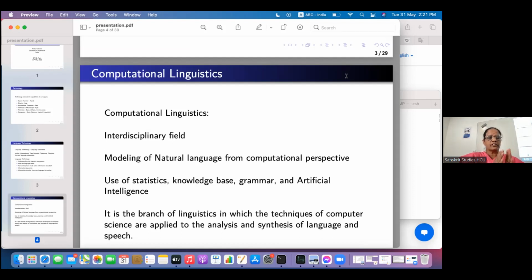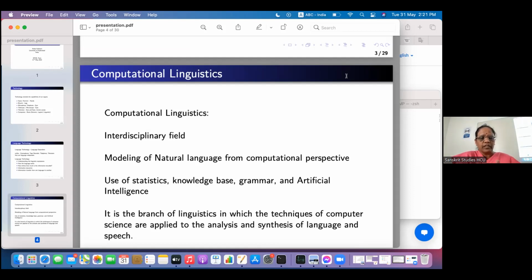It was not just language and computers, but language, the computational aspect, a mathematical or statistical aspect, and then a knowledge base that was necessary. So it became a kind of interdisciplinary study.